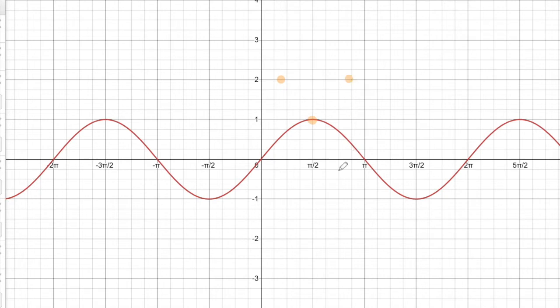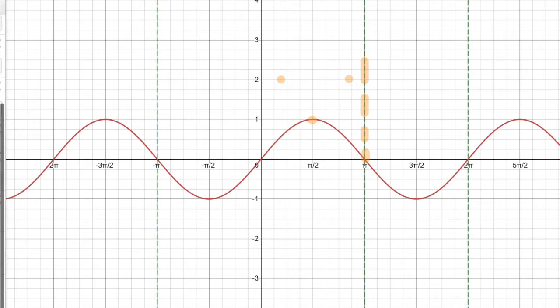Now, when the y coordinate is 0, 1 over 0 does not work. So at this point, I'm actually going to have an asymptote. So there'll be an asymptote right on that point. And there'll be another one over here at 2 pi. And another one here at negative pi.